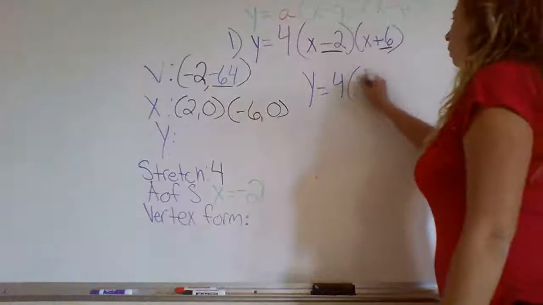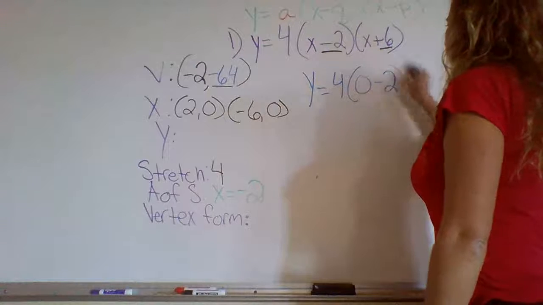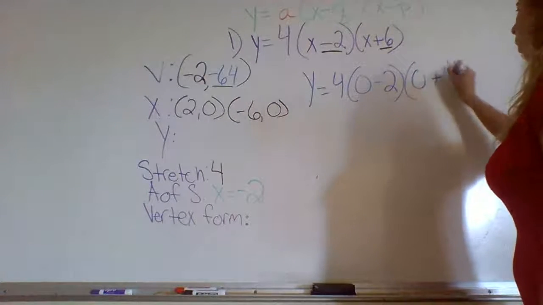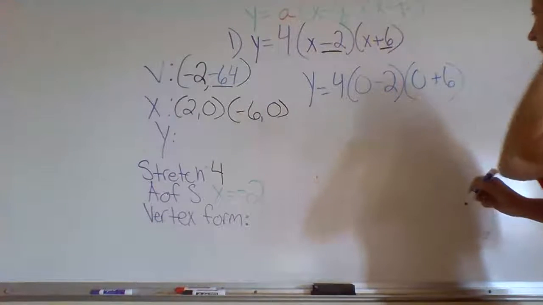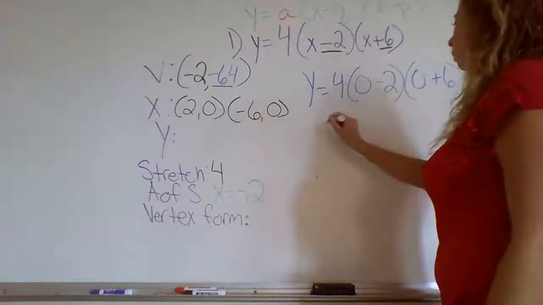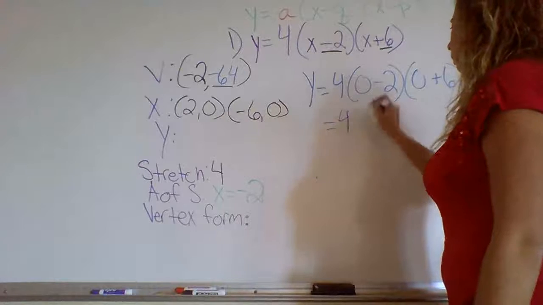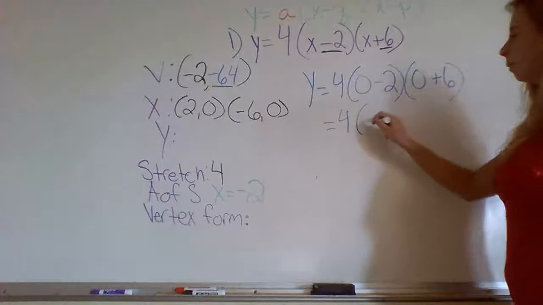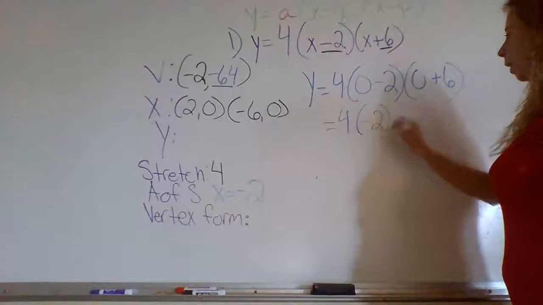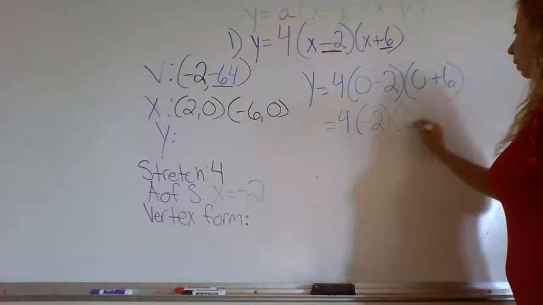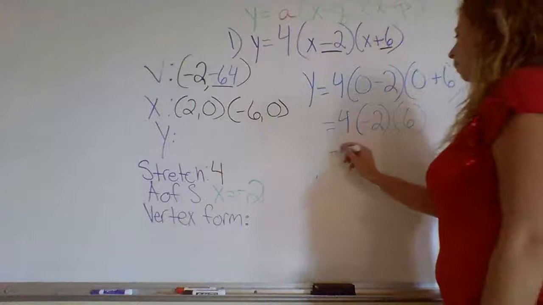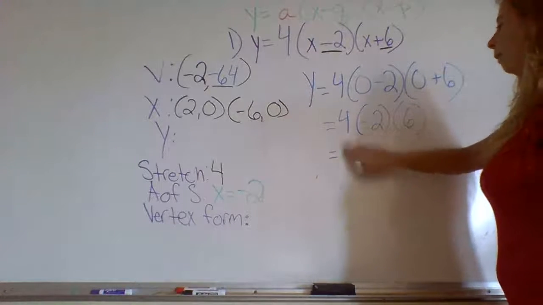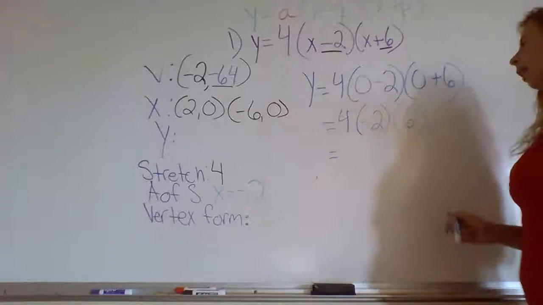So 0 minus 2, 0 plus 6. Zero minus 2, -2. 0 plus 6, positive 6. Then you just multiply them all together.